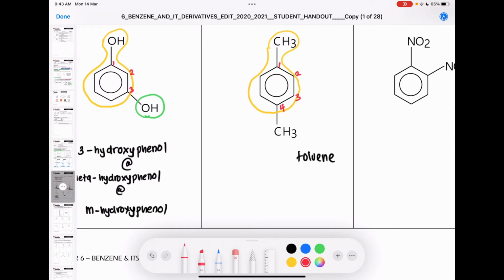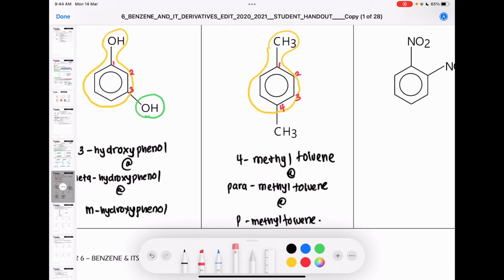So we will name them as 4-methyltoluene, or para-methyltoluene, or P-methyltoluene. No need for the dot. Alright, so there you go for para.